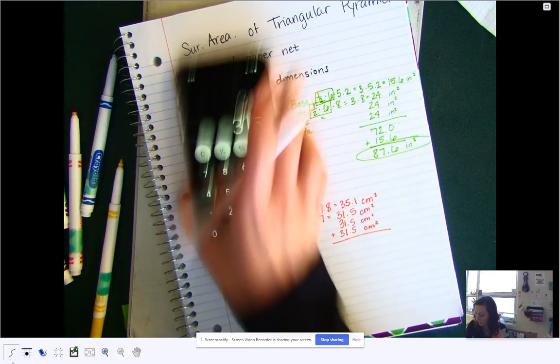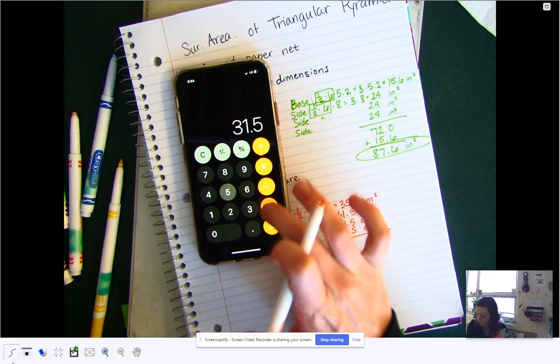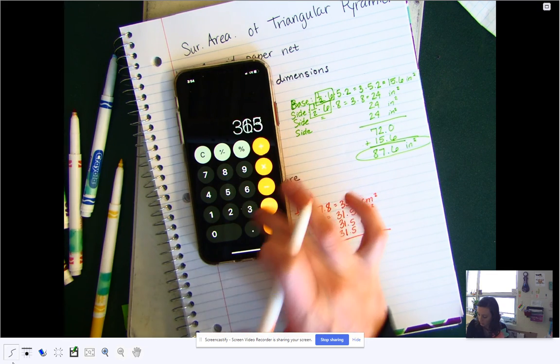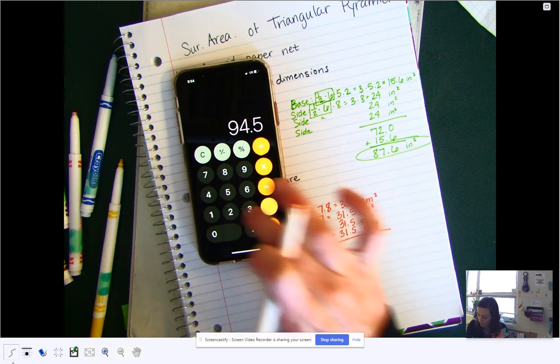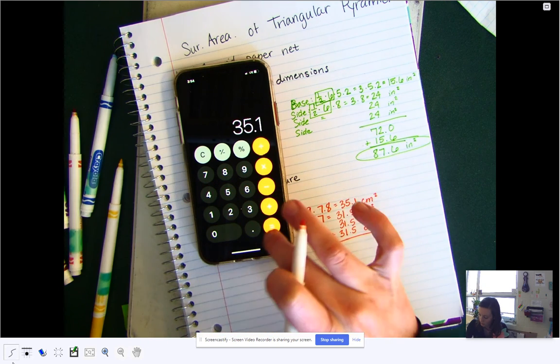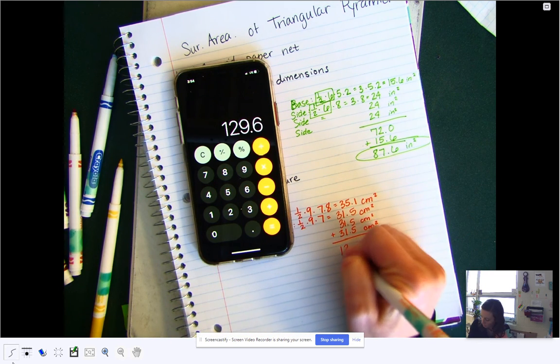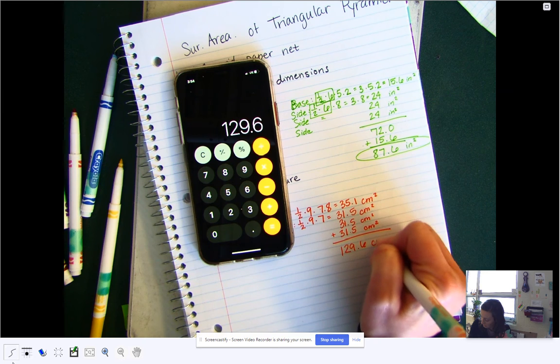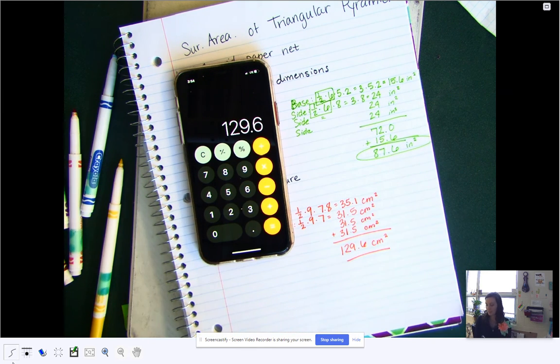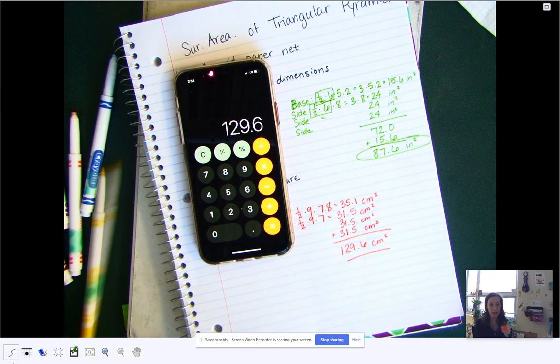Add those all together. I can do 31.5 plus 31.5 plus 31.5 plus 35.1 equals 129.6 centimeters squared. Hooray!